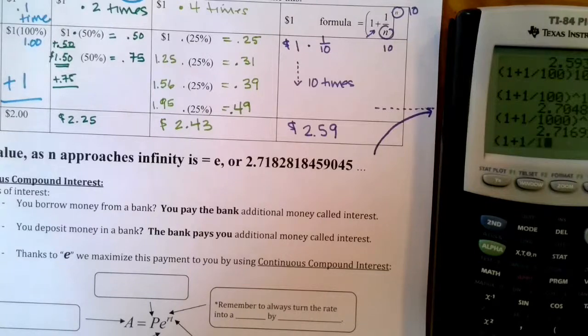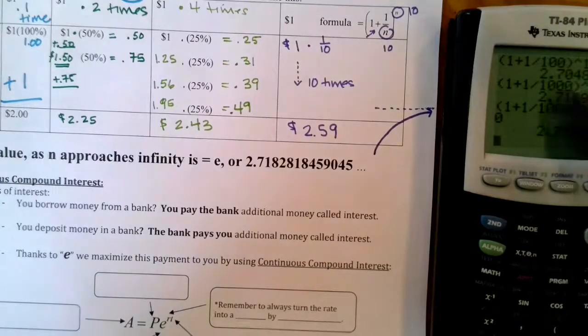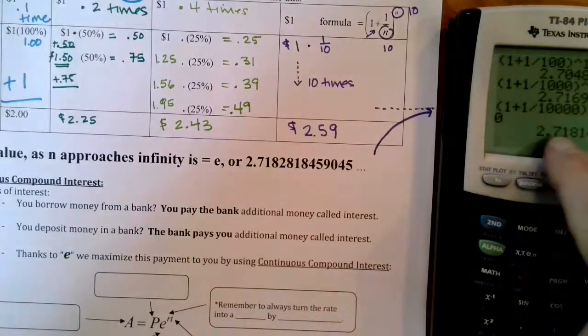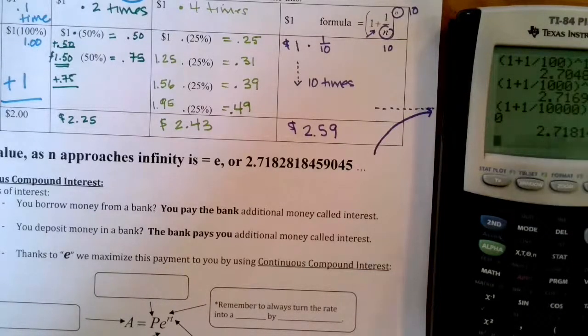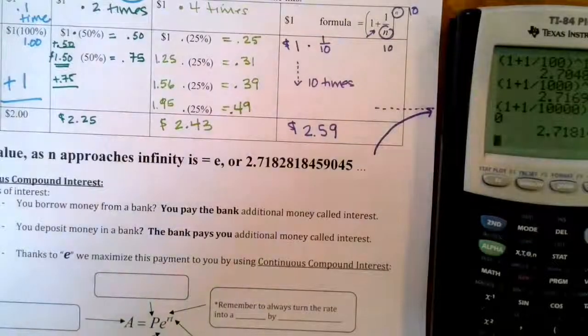Instead of 1,000, we'll do 10,000. And notice this time, I only went up an even smaller amount. So what this number here winds up being is the limit. That's as high as we can go with this example of $1.